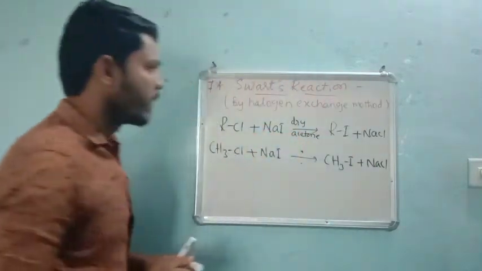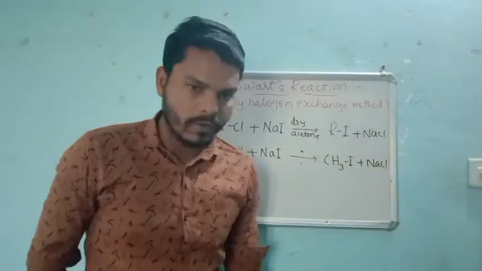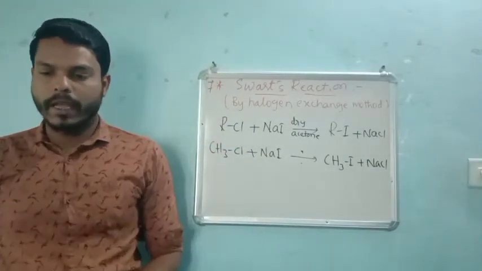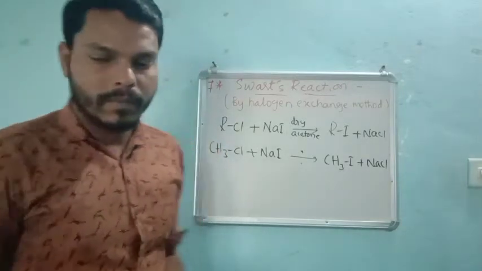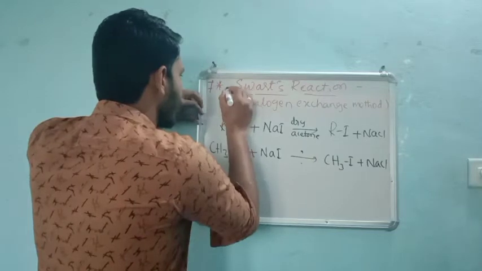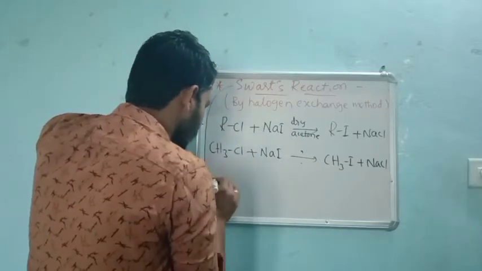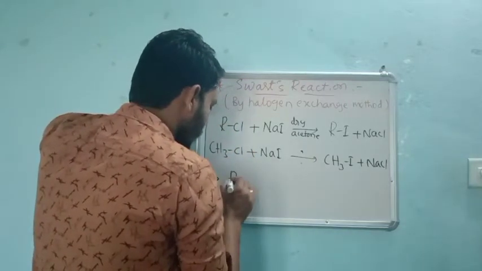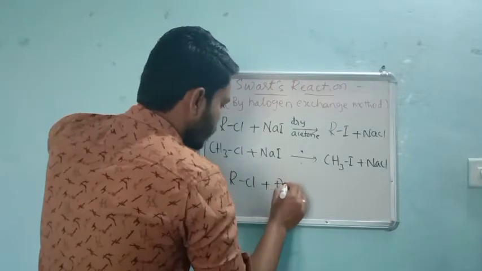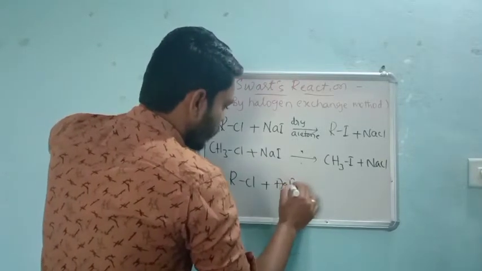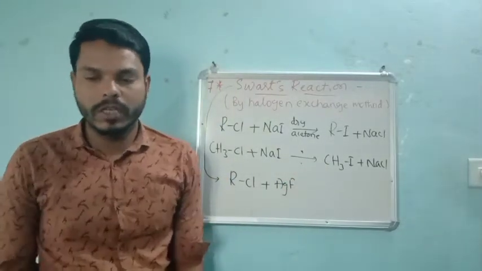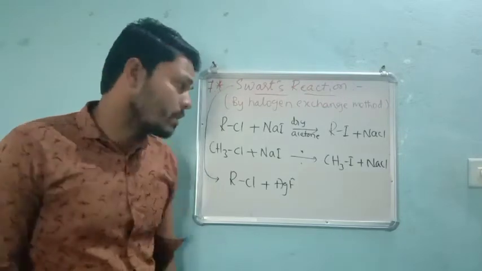In the Swarts reaction, it is also a halogen exchange method, but here, instead of NaI, you just don't get confused. The same RCl we will use. In place of NaI, we are using silver fluoride, AgF. This is the difference, dear students.